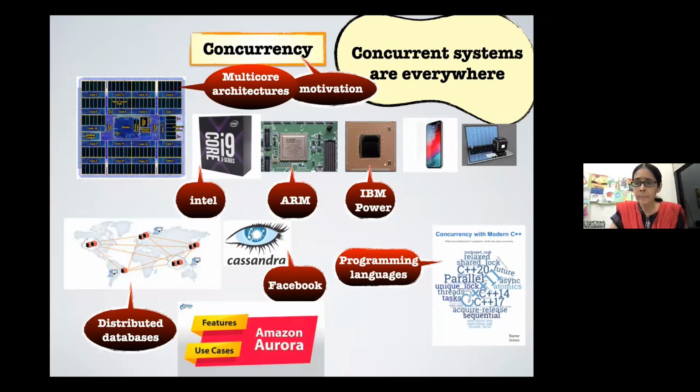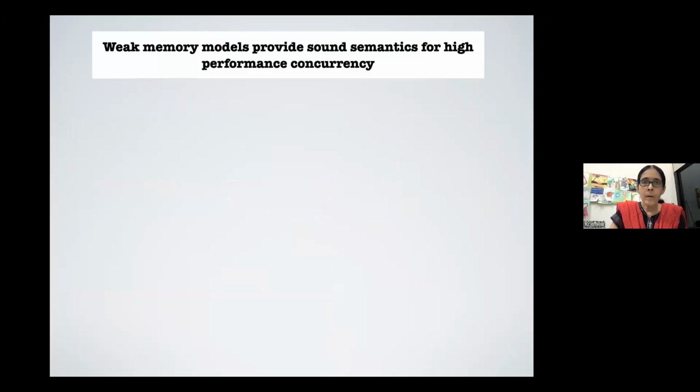Indeed, this is the starting point for today's talk: the parallelism and concurrency inside programming languages, and in general what are called weak memory models. A very high level definition is that a weak memory model provides sound semantics for high performant concurrent models. So what exactly do we mean by that?